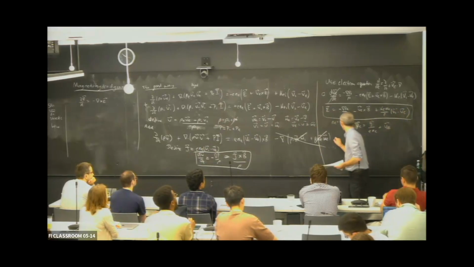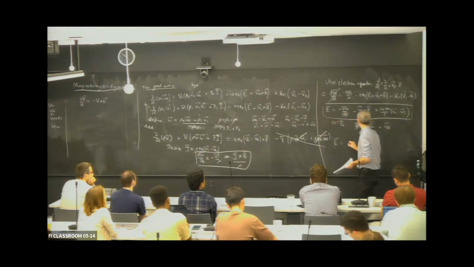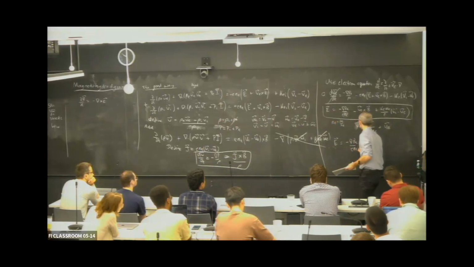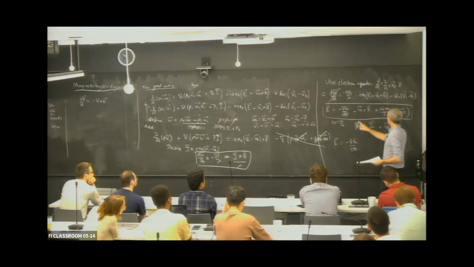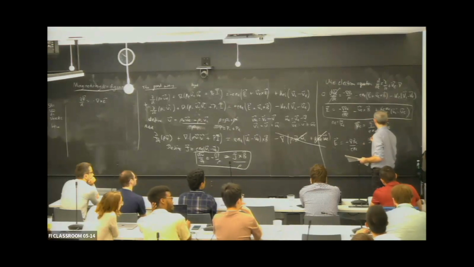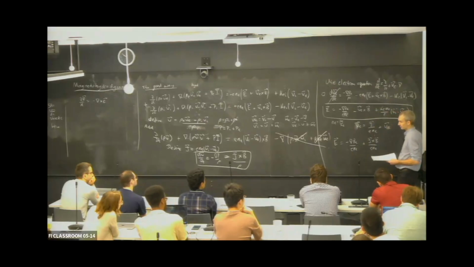Let's go even further. This gives us E equals minus grad P_e over e n_e. This one gives me J cross B over e n_e. Then what have I got?